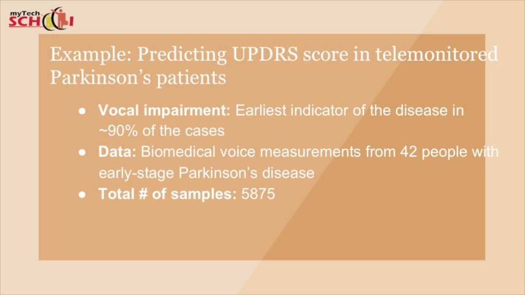These people were recruited for a 6-month trial of a telemonitoring device for remote symptom progression monitoring. There are a total of 5,875 samples, so each patient has more than 100 or so measurements over the course of the 6-month trial.